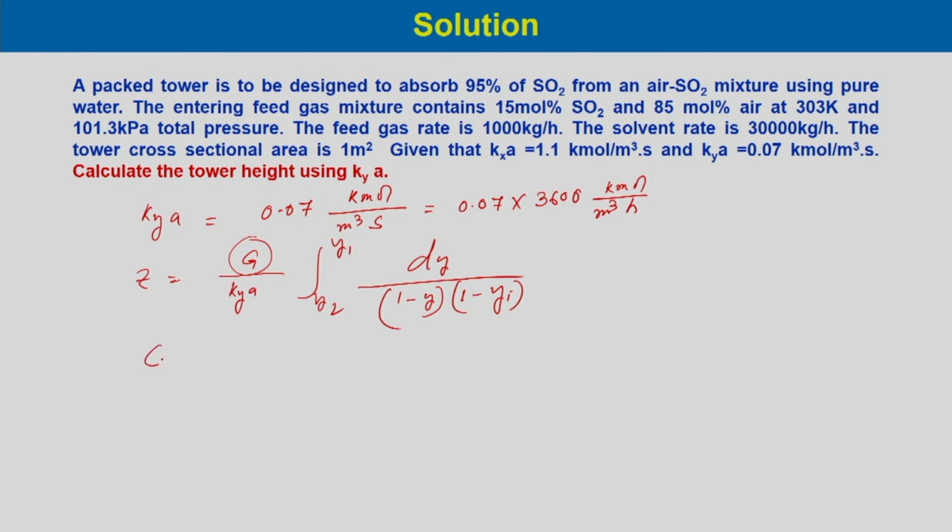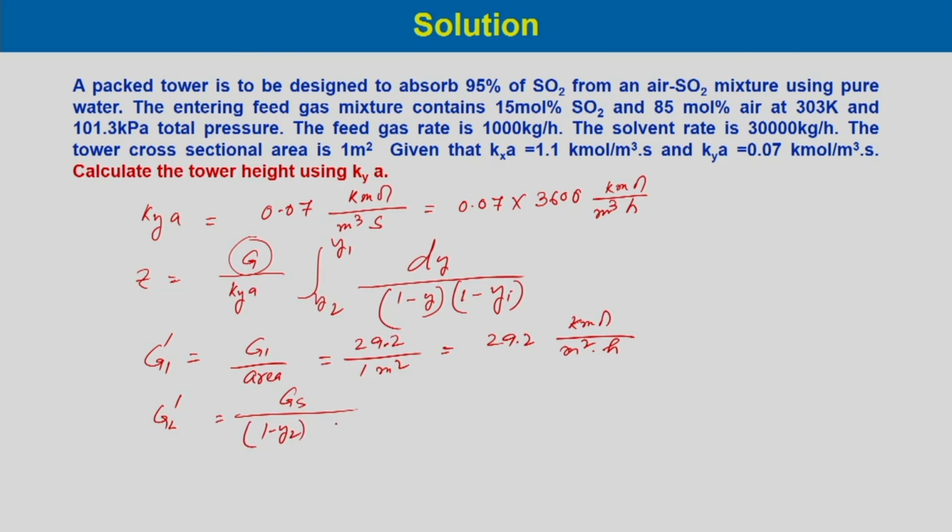We need to calculate G. G1 dash would be G1 divided by area, which is 29.2 divided by 1 meter square, which is 29.2 kilomole per meter square hour, and G2 dash would be equal to Gs by (1 minus y2) into 1 meter square, which is equal to 25.04 kilomole per meter square hour.